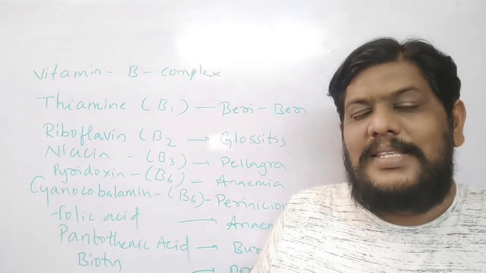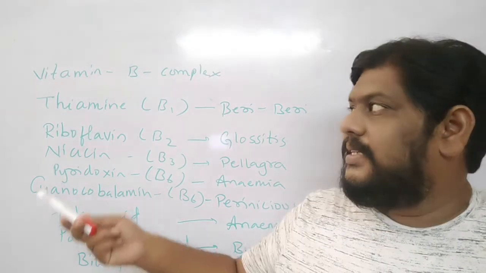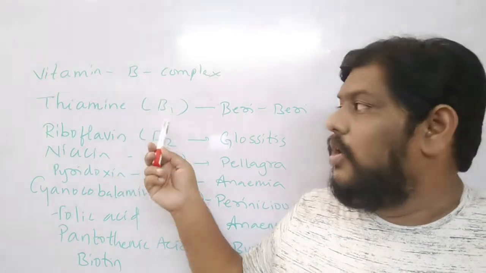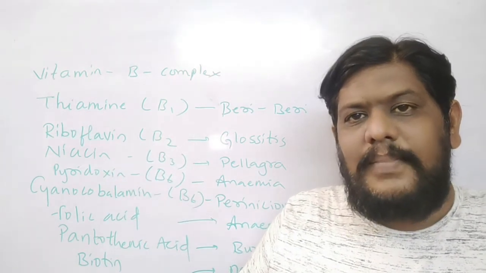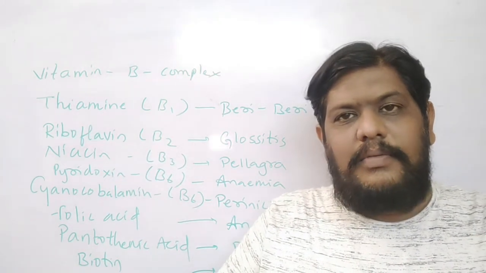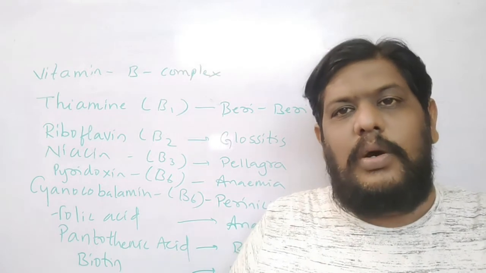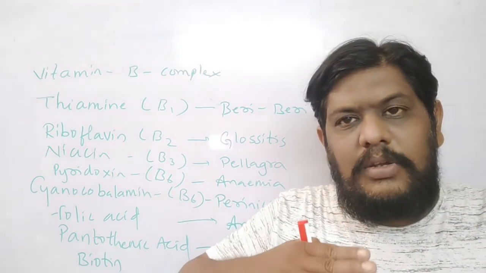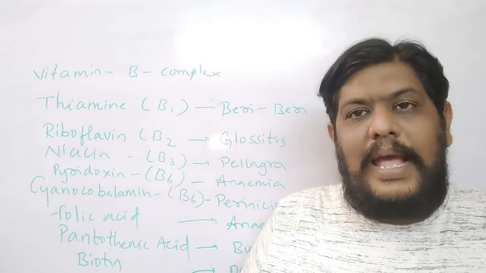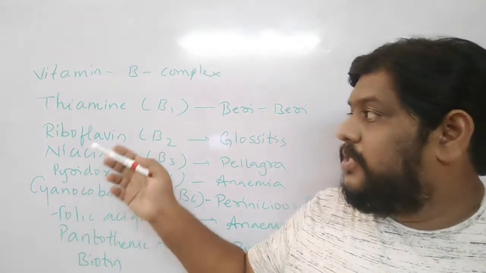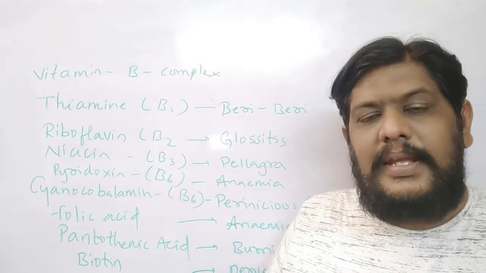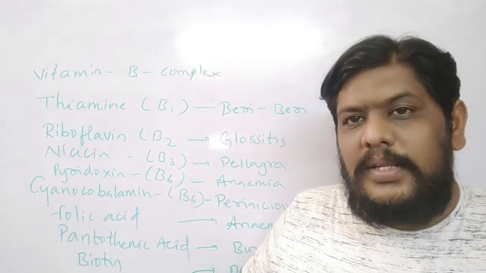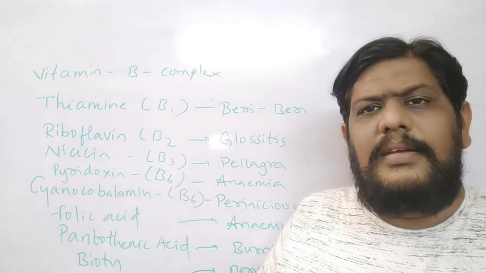If that starch is thrown out, and we have already seen that it is a water soluble vitamin, whatever thiamine is there in the rice will dissolve in the water, and when the rice comes to boil, you throw the water out. That means you will be losing the B1 vitamin, and because of that, people used to get a disease called beriberi, and the people who were not throwing the starch were very normal.